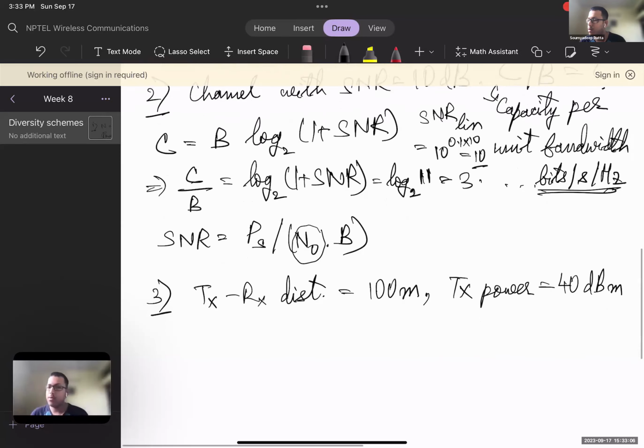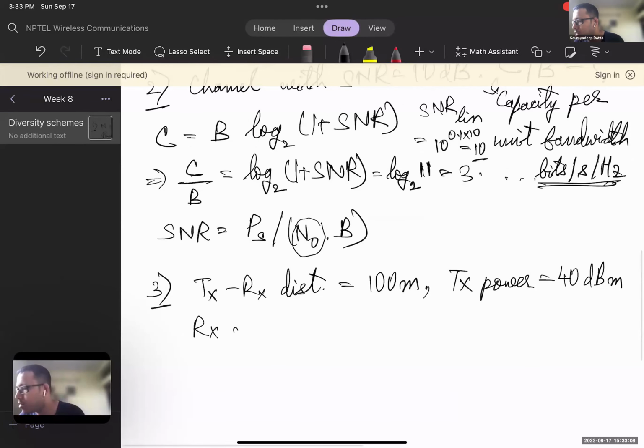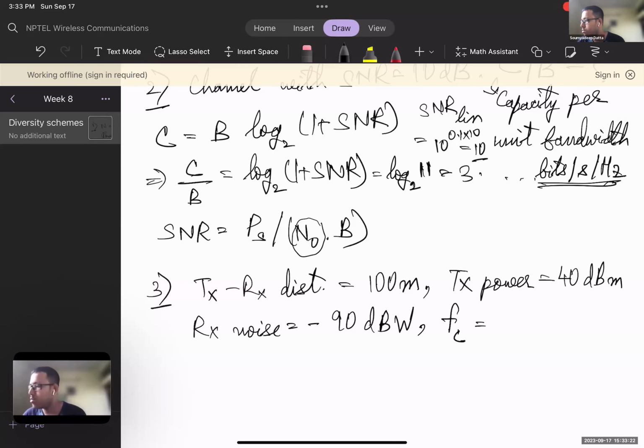And you are told receiver noise equal to minus 90 dB watt, and carrier frequency fc is equal to, let's just put it at 1.9 gigahertz, right?